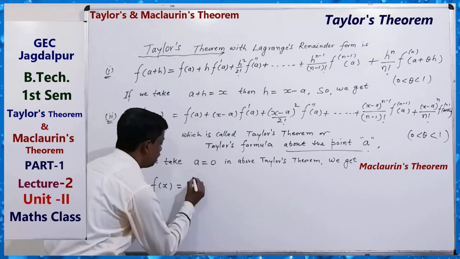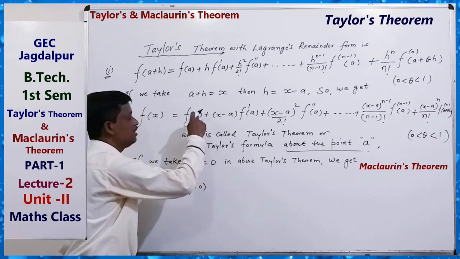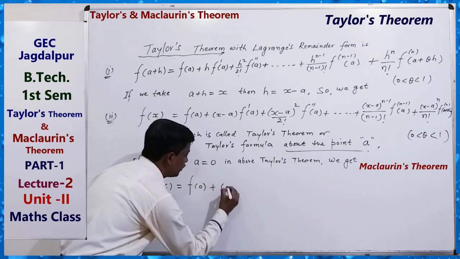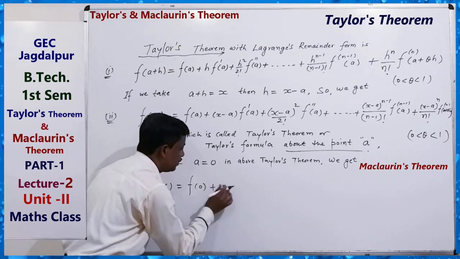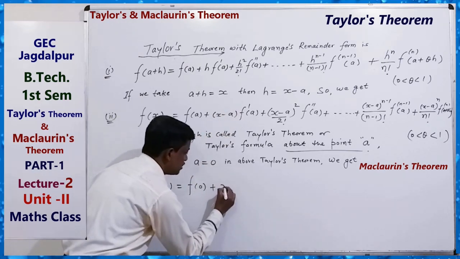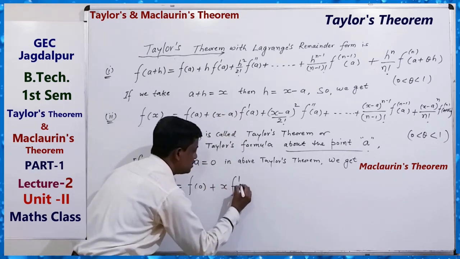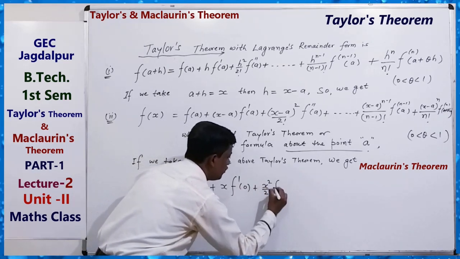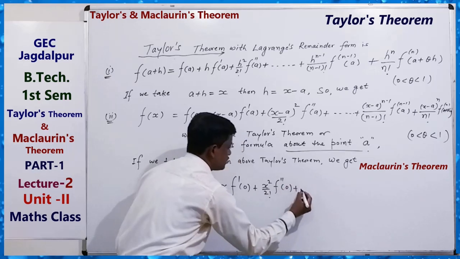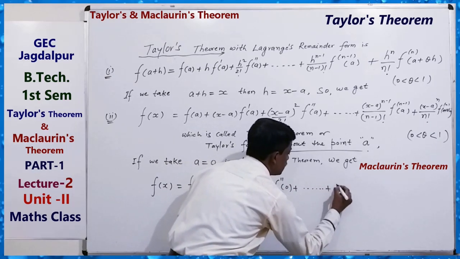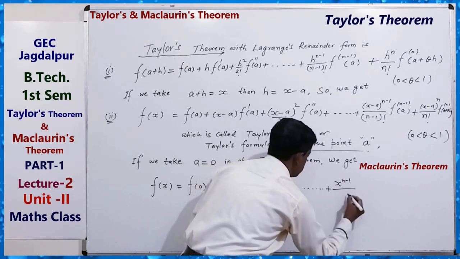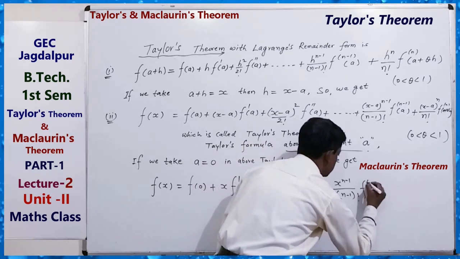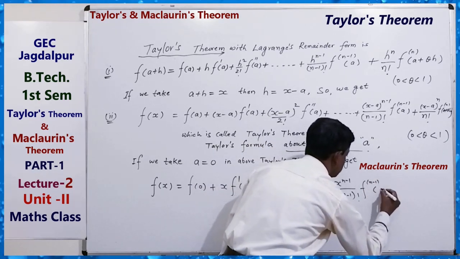So here f(0). In place of a, just write 0. f(0) plus x f dash 0 plus x square by 2 factorial f double dash 0 plus, and so on, x to the power n minus 1 upon n minus 1 factorial f^(n minus 1)(0).